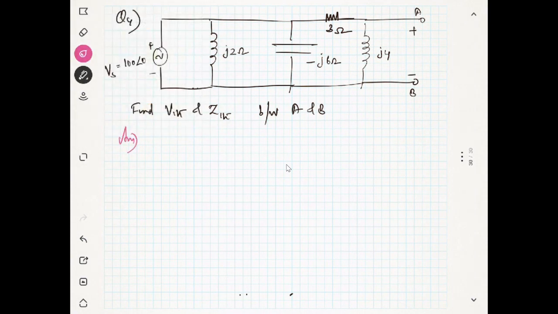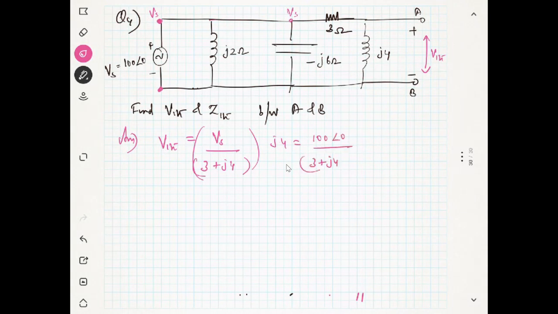You see this voltage is Vs, so everywhere it is Vs. Simple thing, VThevenin is the voltage between these 2 points, you just open circuit it. By voltage division, VThevenin equals Vs divided by 3 plus J4, multiplied by J4.